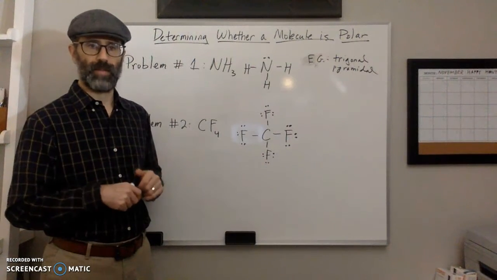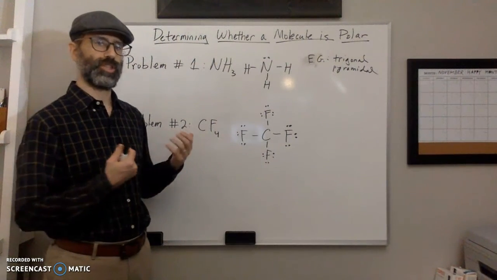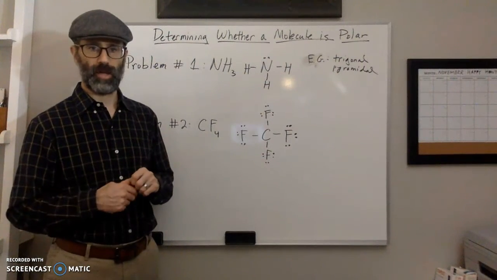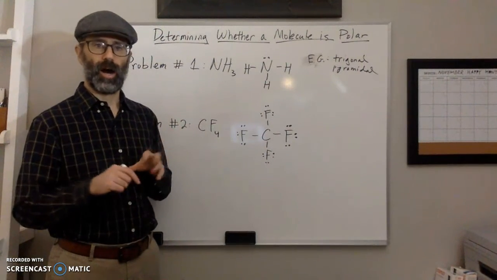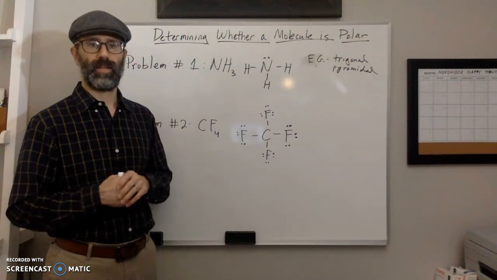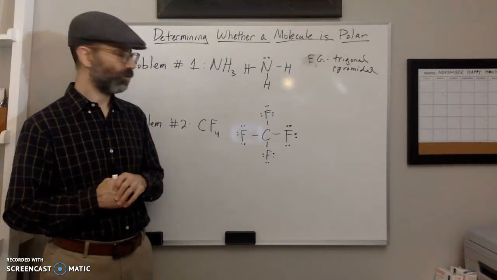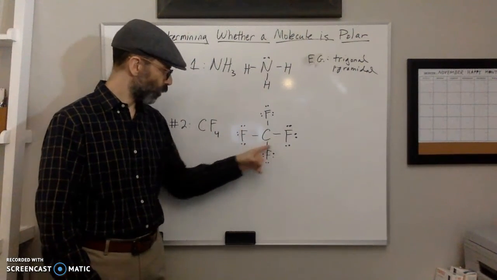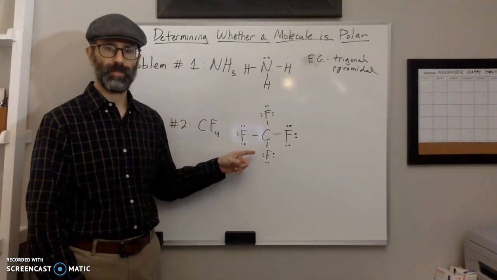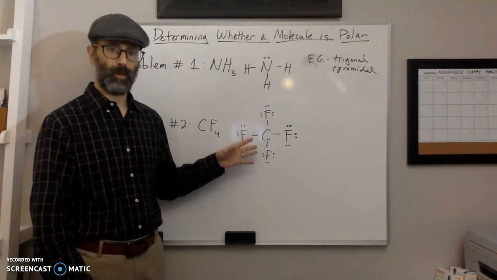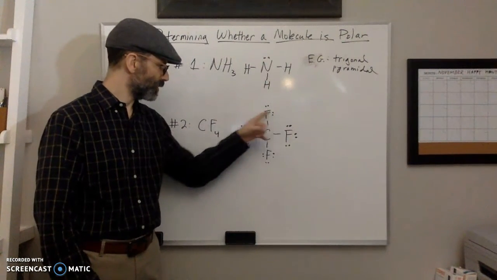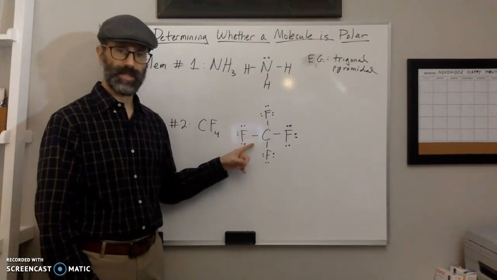We're still not done yet, because even though you have polar bonds, you could still have a non-polar molecule if there is symmetry in the molecule. So if all the bonds are the same and there's no lone pairs, then it's definitely going to be a non-polar molecule. So one of the things you look for is lone pairs. If there are no lone pairs in your molecule, that's probably going to be non-polar. The other thing you want to look at is, are all the atoms the same, or all the bonds the same?